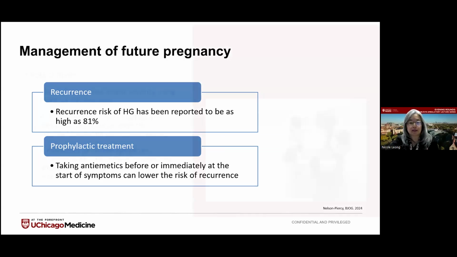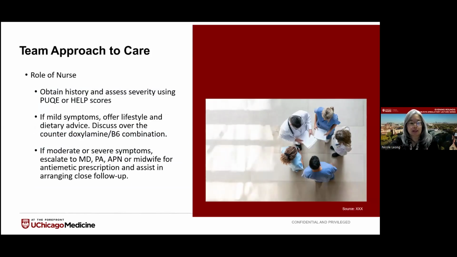So in conclusion, this is what our team is looking at, because as the nurses on the phones triaging our patients, you're often the first line talking to people. This is what we imagine that discussion would go like. You obtain your history and assess your severity of nausea and vomiting based on one of these scores.